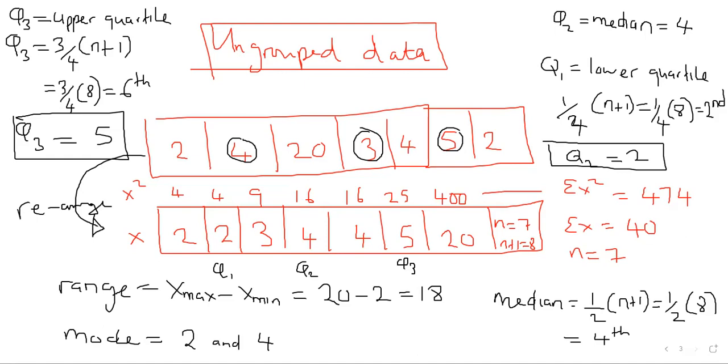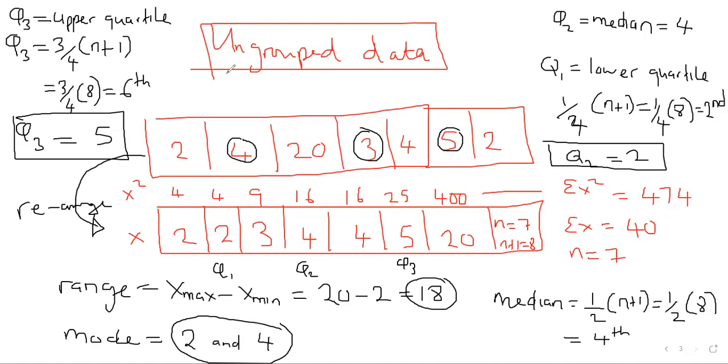So in this case, the range was the difference between what? 20 minus 2, we found 18. Is that clear? The mode was the most appearing frequency. We had numbers like 2 and 4. So this is what we call the mode.